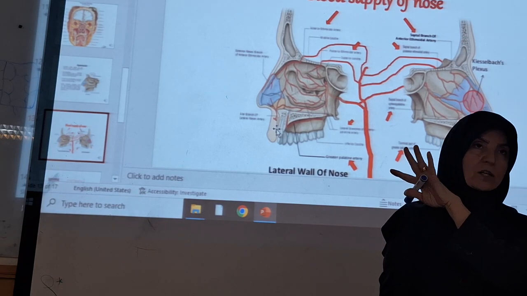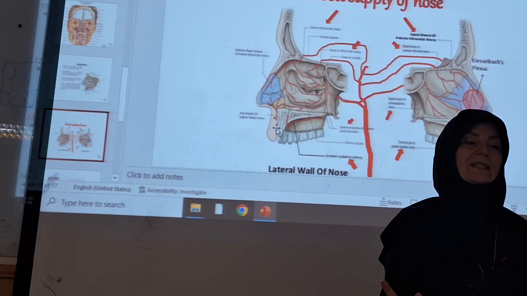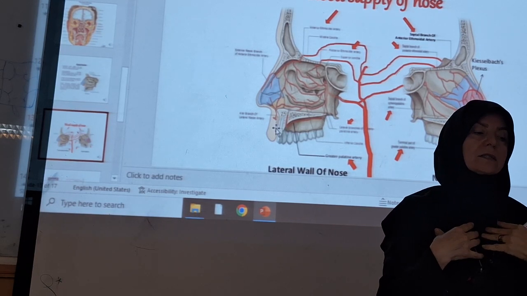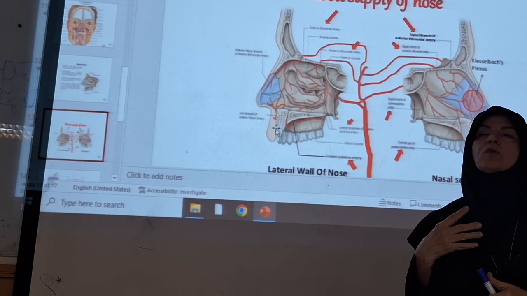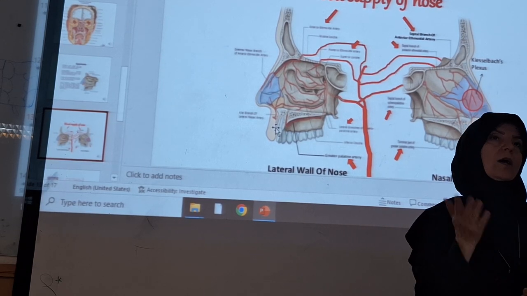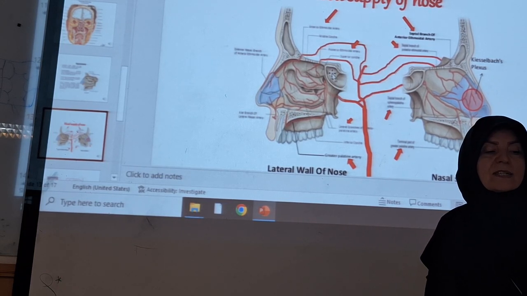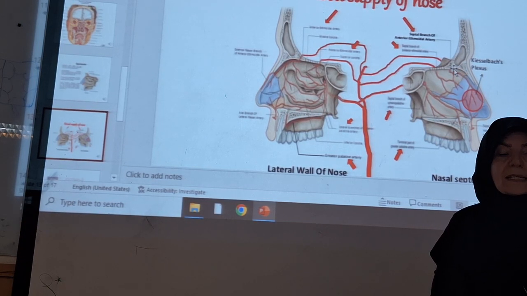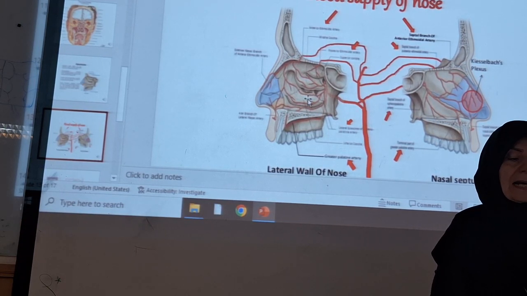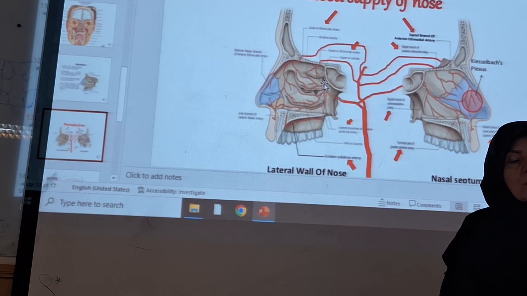We get this picture. Do you have any question about this picture? I'm going to explain again. Some of the arteries enter the nasal cavity to be able to stop blood. The lateral surface and medial surface of the nasal cavity: the lateral surface is visible in this picture, and the medial surface or the septum of the nasal cavity is visible here. In the lateral surface, looking posteriorly and superiorly, I am able to show you a foramen.